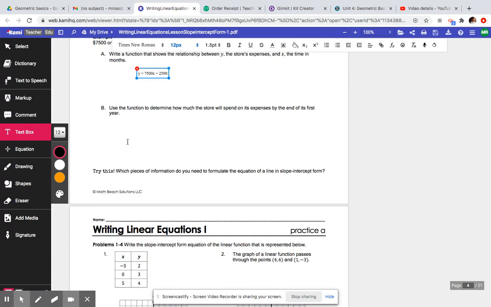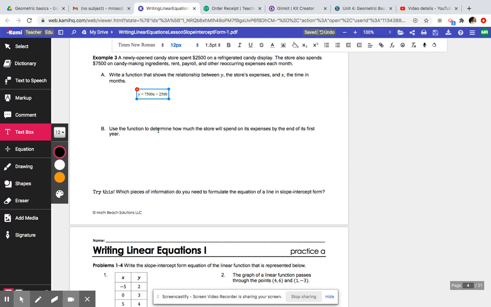And after that, we can now answer question B. So using the function to determine how much the store will spend on its expenses by the end of its first year. Now, if you think about it, we know that there are 12 months, so x is going to equal 12 because there's 12 months in a year, and we're looking at total costs after 1 year.